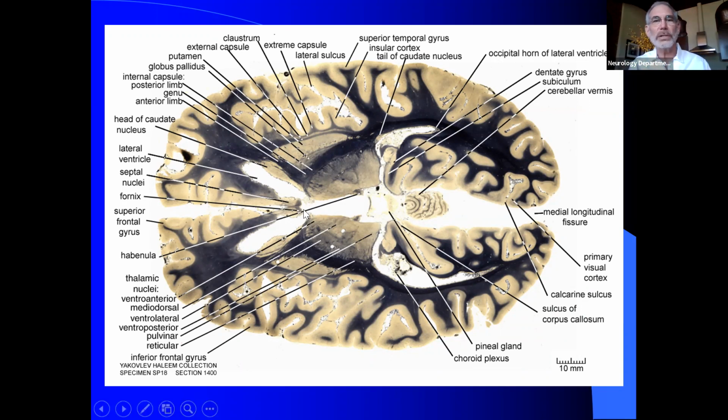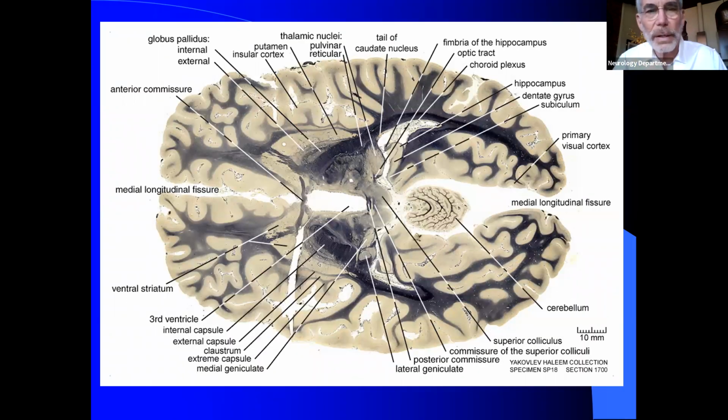But here in the slice, you can see it, because here's the foramen of Monro. So third ventricle and foramen of Monro. And then here's septum, here's fornix, but that's going to develop into septum. Thalamus, pulvinar, central nuclei, okay, I could see this. A little bit of pineal gland here.